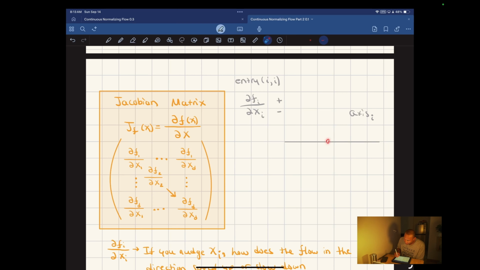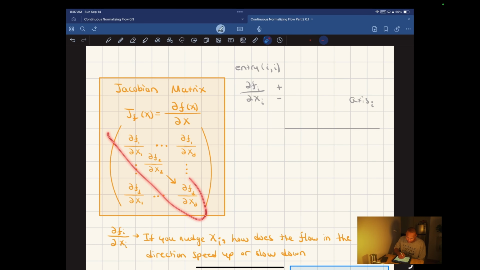Let's just expand the neighborhood, right? Whenever we want to understand the behavior of something, we can take it to the extreme. So we're just going to expand the neighborhood and make it larger. What's the velocity for particles in that neighborhood? If it's negative, that means we have inward movement. If it's positive, we have outward movement.